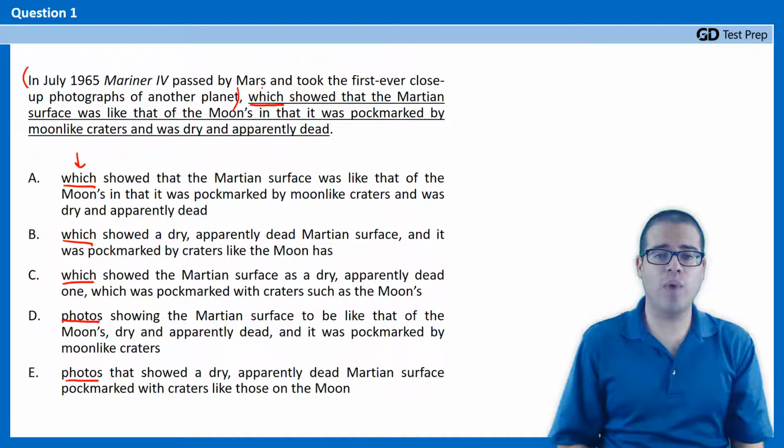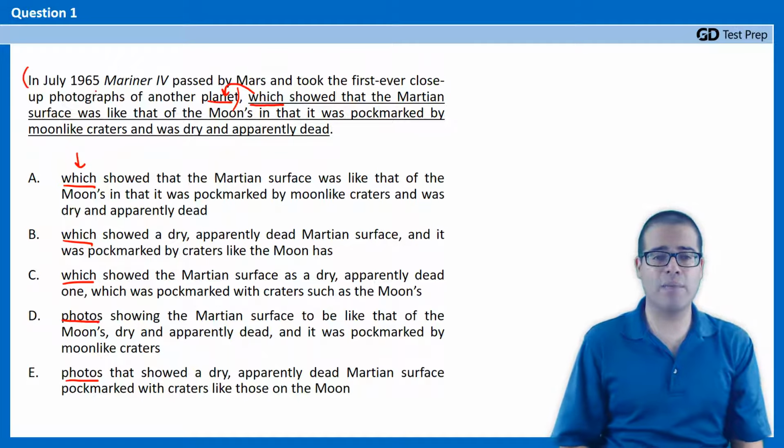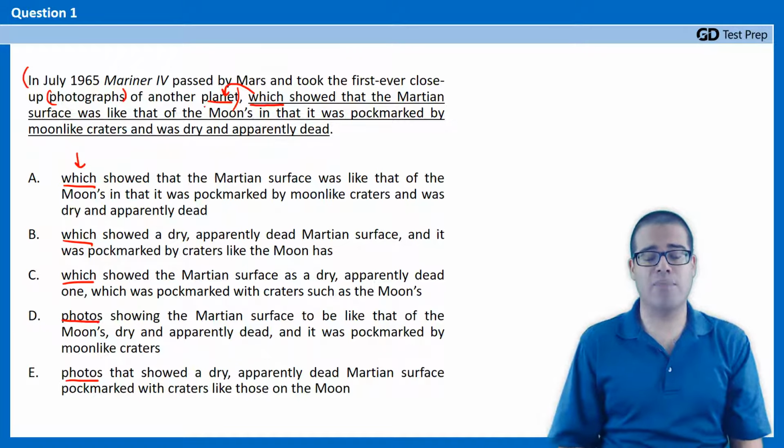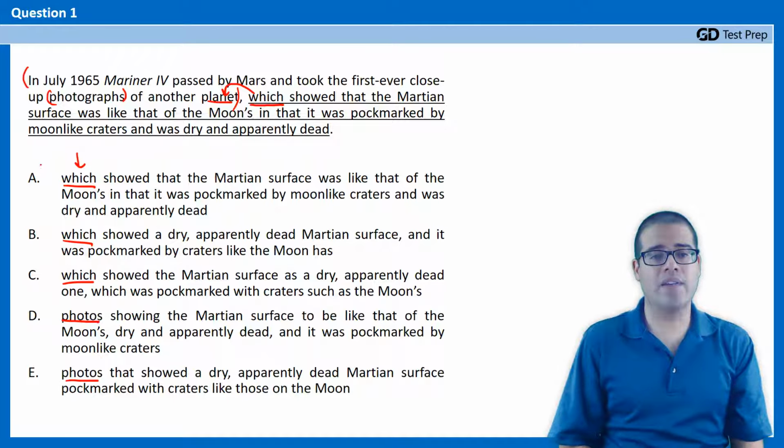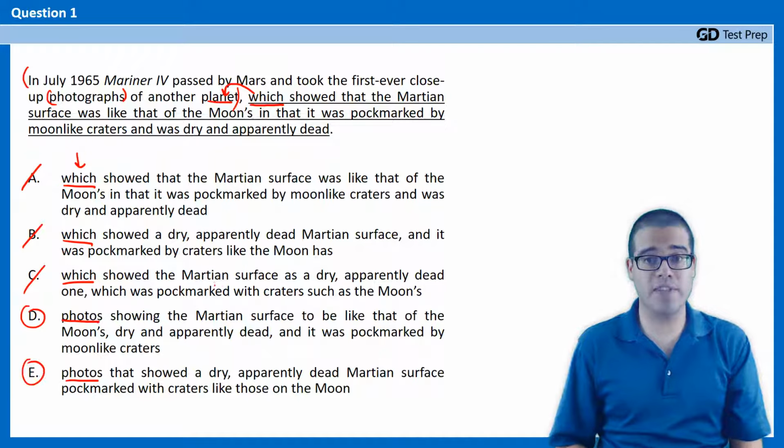For example, which showed has to make sense with planet, or sometimes which can go back a little bit to describe photographs of another planet. But which one is it? It's ambiguous. And remember, we need to pick a sentence that is clear. That's why repeating the noun removes the ambiguity presented by which.